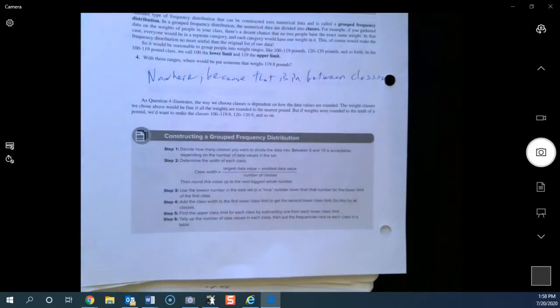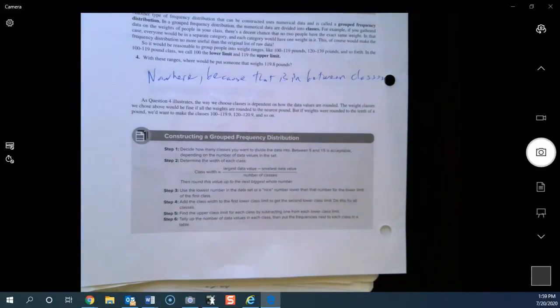So even if you have 5.01, you still would go up to 6. It's not typical rounding. You just go up to the next biggest whole number. Now, step 3, use the lowest number in the data set or a nice number lower than the number for the lower limit of the first class.